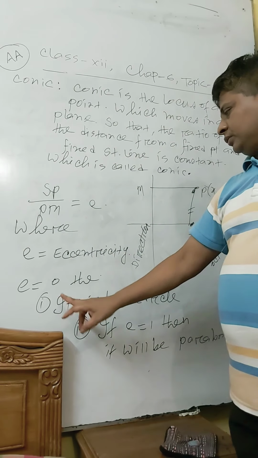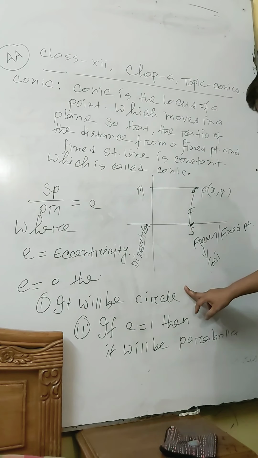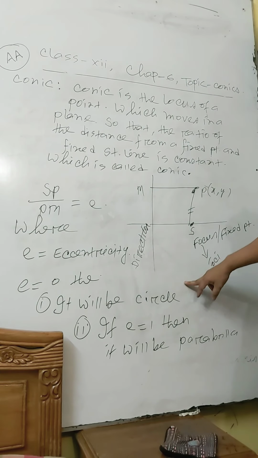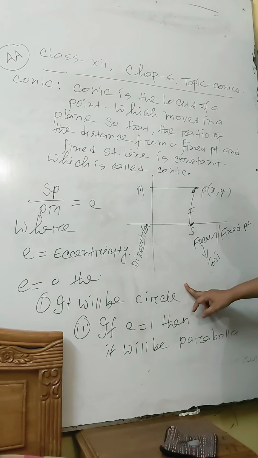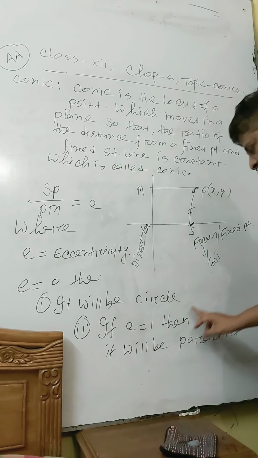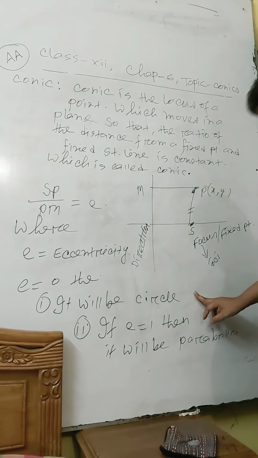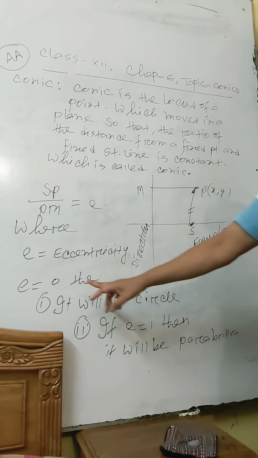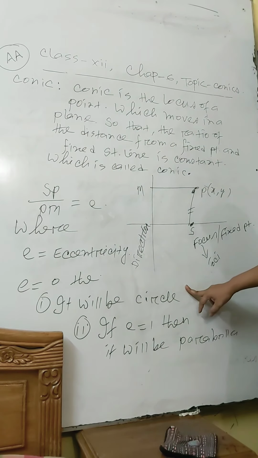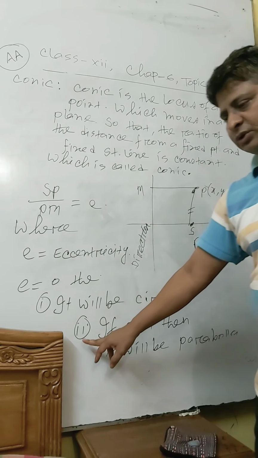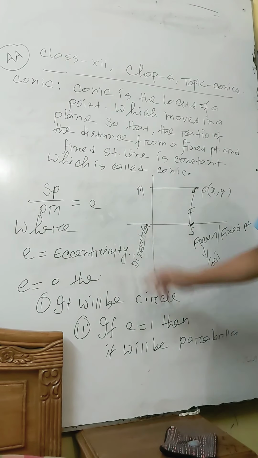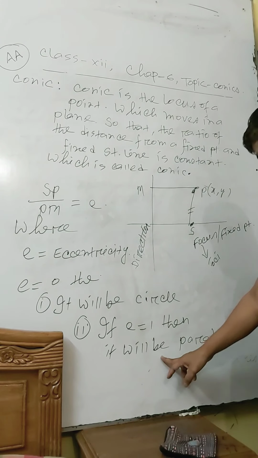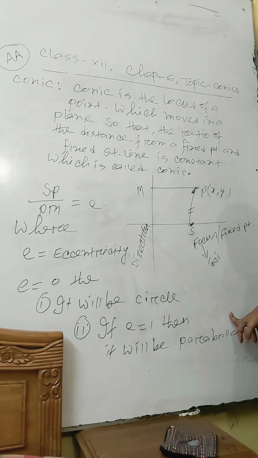Condition: if e equal to 0, in this case it represents a circle. If e equal to 1, in this case it will represent a parabola.